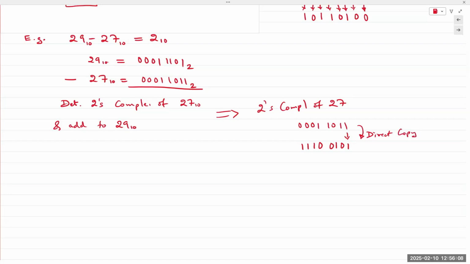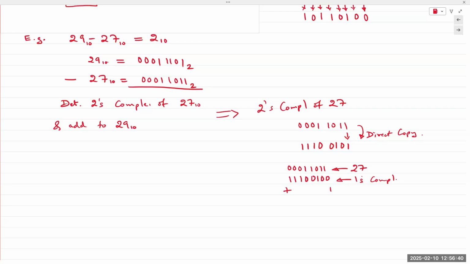The second method shown above, the first method, would be this. This is 27, 0001 1011. The 1's complement would be 1110 0100.